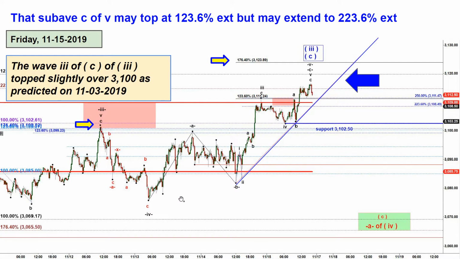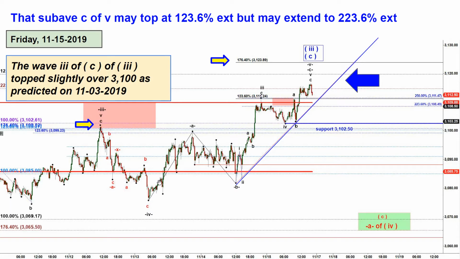Here you can see I added that extension. I measured subwave A up and projected it from the bottom of subwave B down, and I added two levels, 123.6% and 176.4%. The tricky point is that at this point subwave 5 could have terminated.